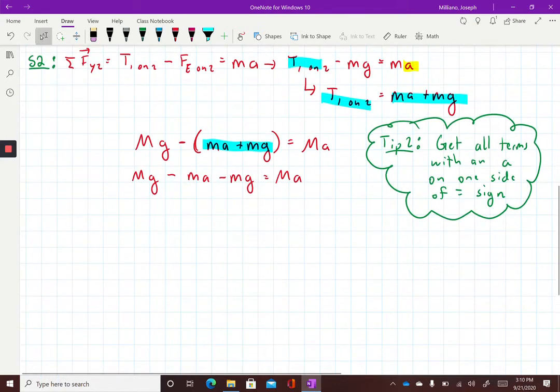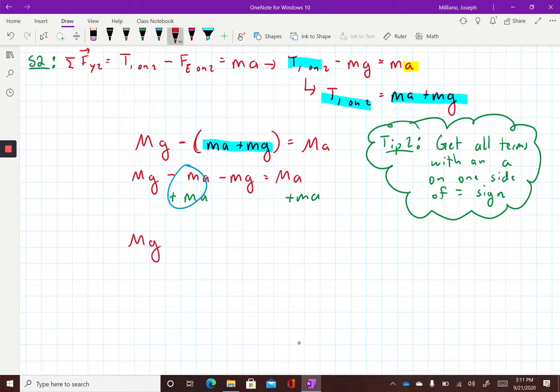In this equation, there are two terms that have a, little ma and big Ma. We want to add that little ma over to the other side, and that should do it. Minus ma plus ma, those two add up to 0, and we are left with big Mg minus little mg equals big Ma plus little ma.